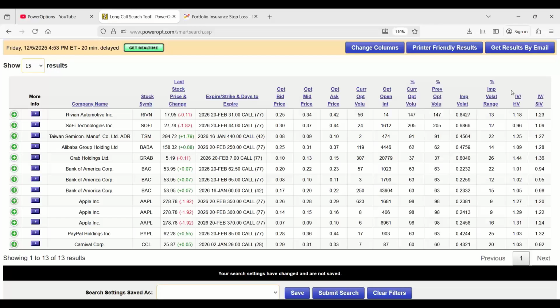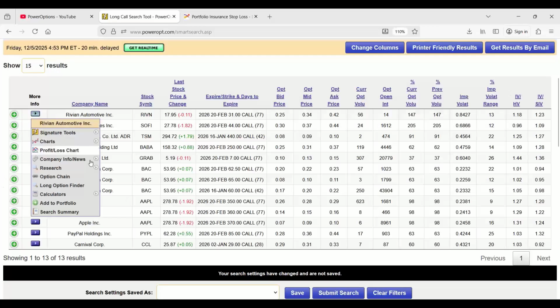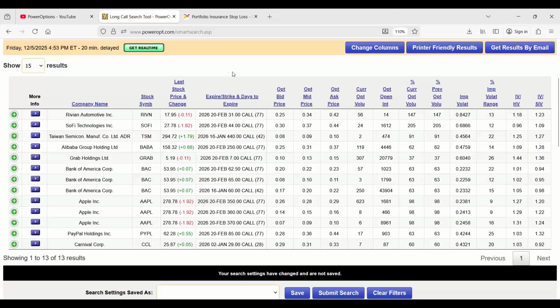Why is that out of bounds from the other ones around it that have the same criteria? Something's going on. Check the more information button. Go to company info, go to news, go to profile, go to analyst estimates or indicators. You'll probably see something right there that stands out. Say, hey, in 10 days, this is coming up. Your option's 28 days away. Does that match your risk reward tolerance? All right.